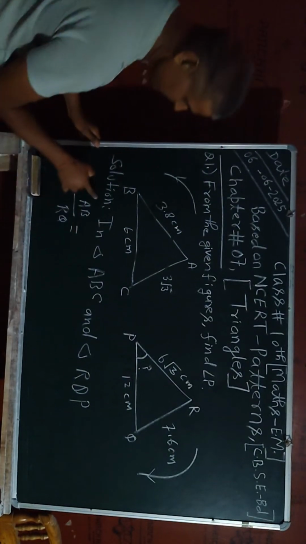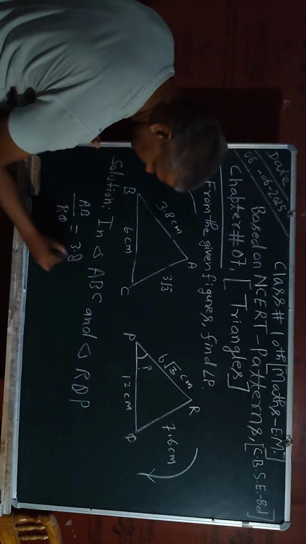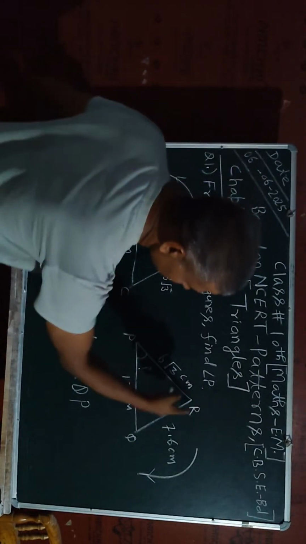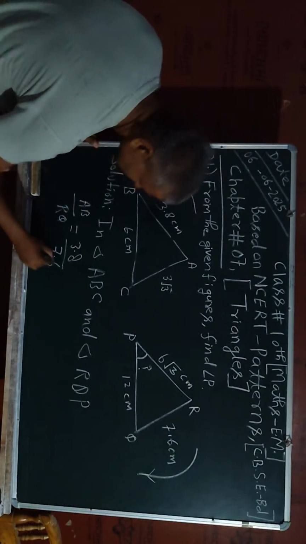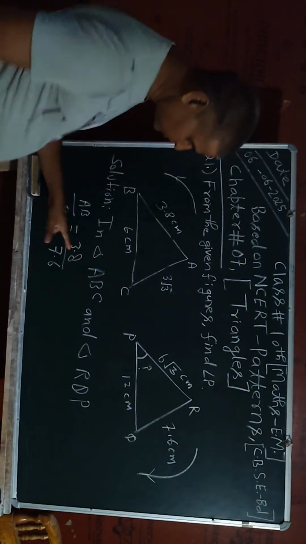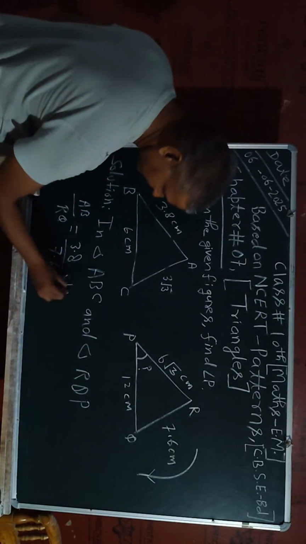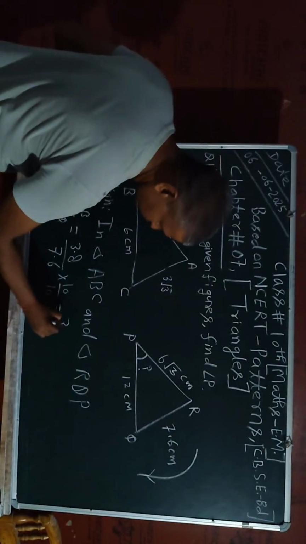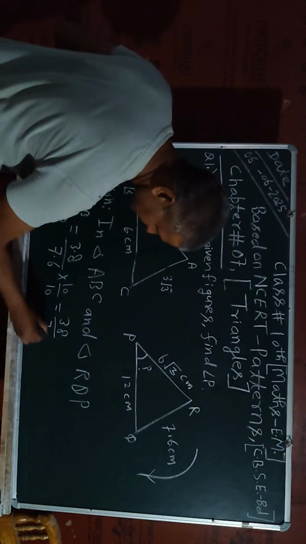Now the value of AB I will write here, 3.8, divided by the value of RQ, which is 7.6. So I will simplify. Now I want to remove the point, so I will multiply by 10 and divide by 10. So the point will cancel out. After multiplication here it will be 76.